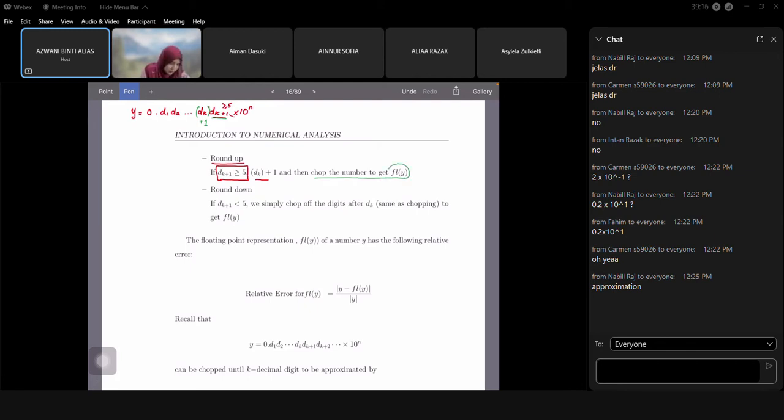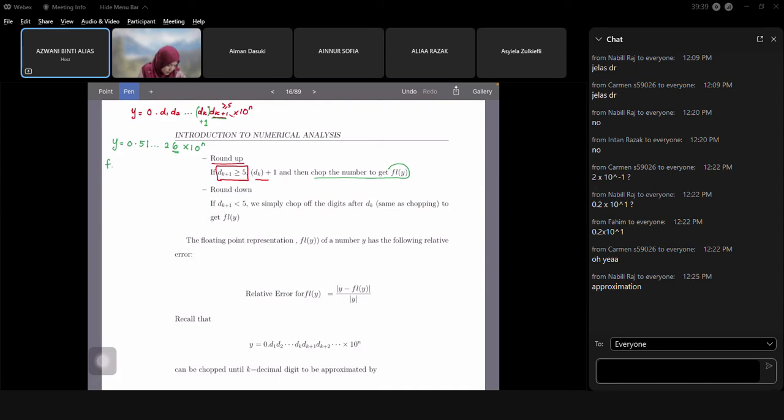Susahlah, nak mudah macam ni lah. So let's say y saya adalah 0.5126 darab 10 kuasa, let's say n lah. So this is DK plus 1. 6 tu adalah DK plus 1.